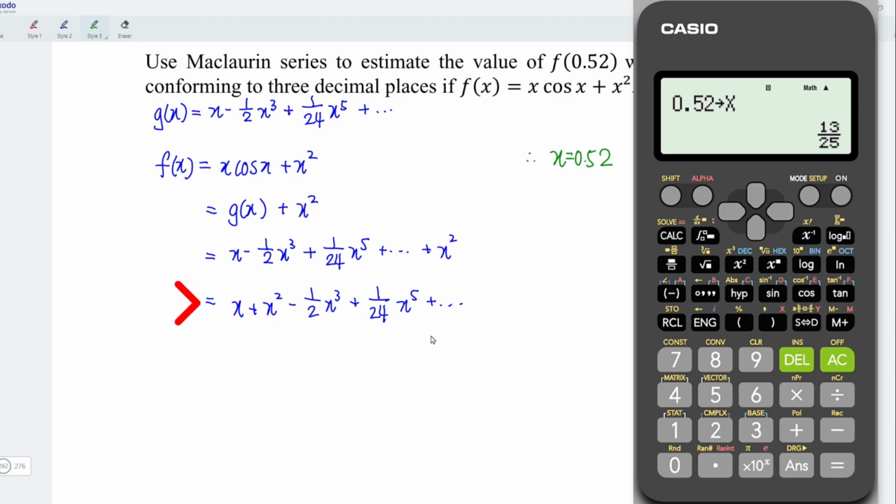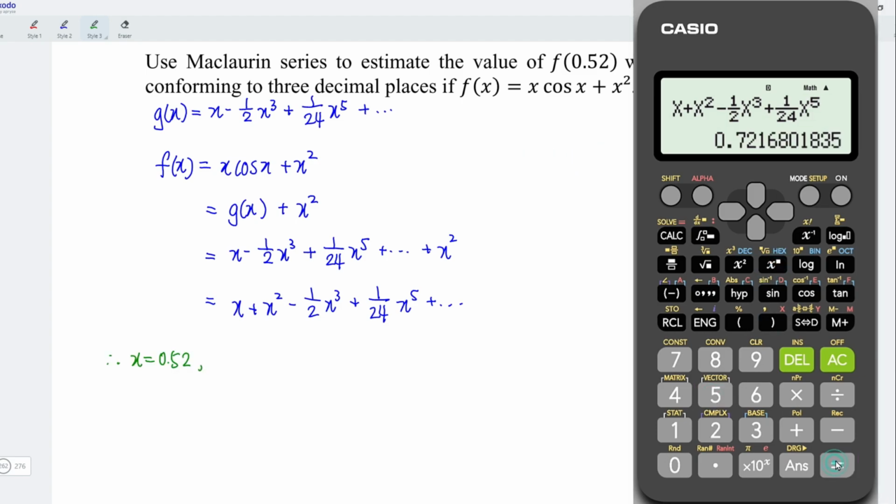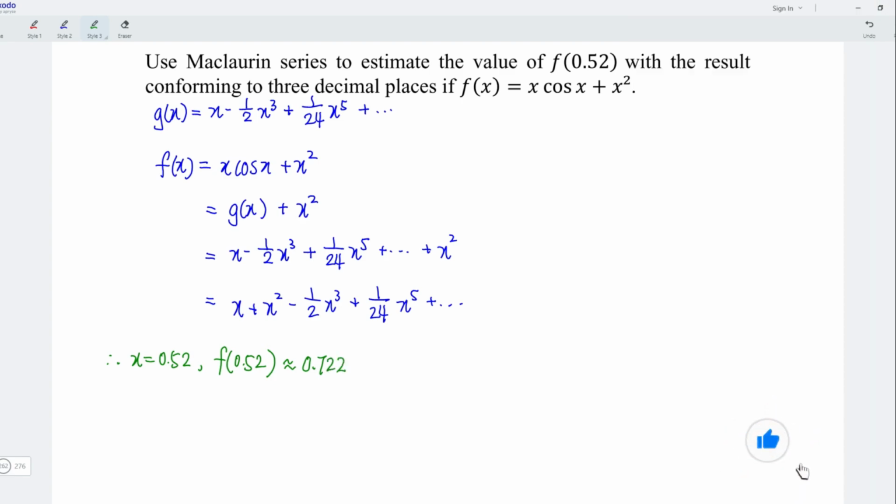Following the Maclaurin series that we have, which are alphabet x plus alphabet x squared minus 1 over 2 alphabet x cubed plus 1 over 24 alphabet x to the power of 5. Press on equal and we should conclude that f(0.52) is approximately equal to 0.722 to the nearest 3 decimal places, and hence we are done.